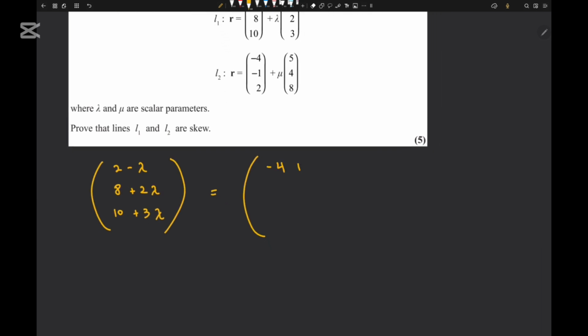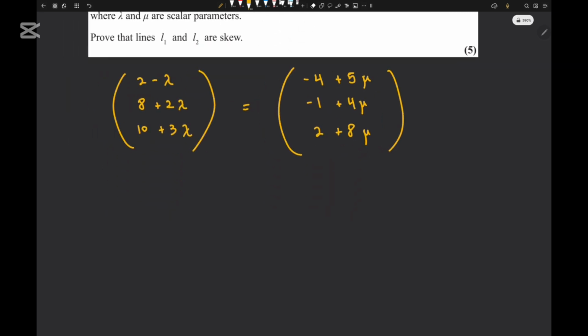So it's minus 4 plus 5 mu, minus 1 plus 4 mu and 2 plus 8 mu. Since these two values are equal, we can equate the corresponding values. So we can say that 2 minus lambda is equal to minus 4 plus 5 mu. If we rearrange this equation, this should give us lambda plus 5 mu equals 6. So this is our first equation.